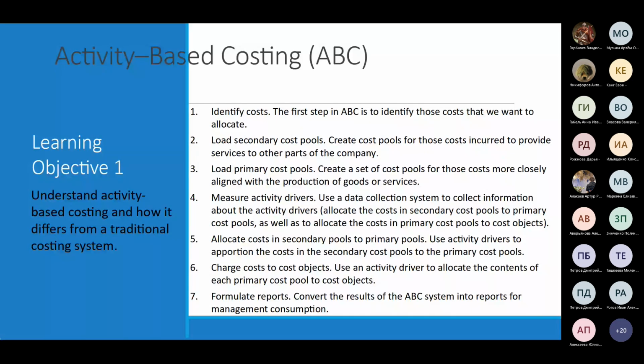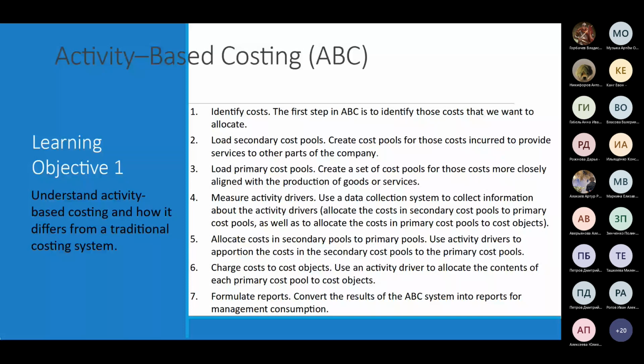So how is this activity-based costing applied? First of all, we identify costs. The first step in ABC is to find the correct amount of costs that we want to allocate. Then we load the cost pools. A cost pool is a special term which allows us to split costs between different activities.